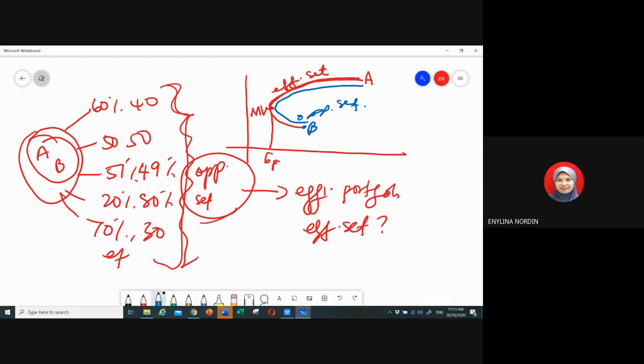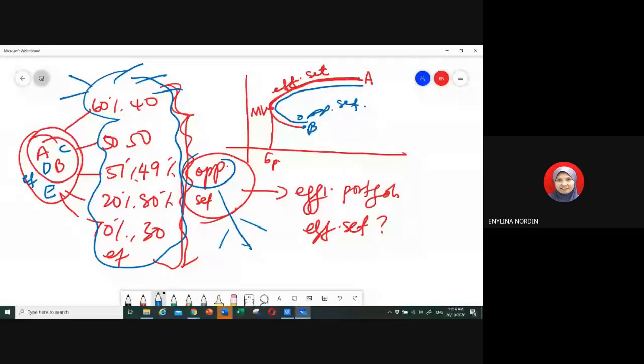But if there are more than two stocks, many risky assets, we have stock C, stock D, stock E, and so on, it means we have many more combinations. Not just this, many more. So the opportunity is bigger, piling up, in other words. That means the combinations can be here, here, and here. Therefore, the opportunity set is no longer a curve, but now becomes what?